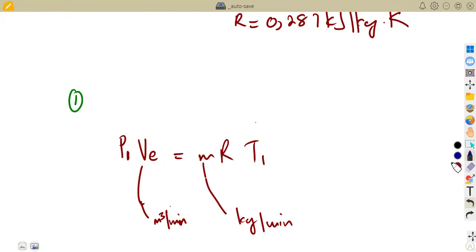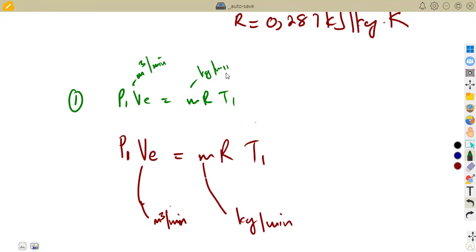So this is going to be taken from P1 VE is equal to mRT1, where this is cubic meters per minute, and this must be in kilograms per minute.